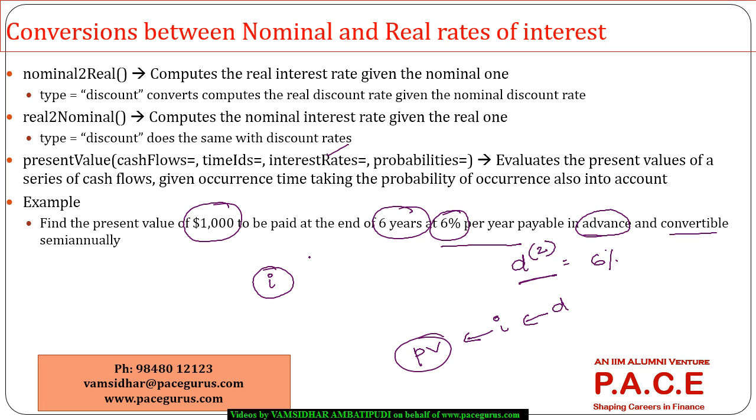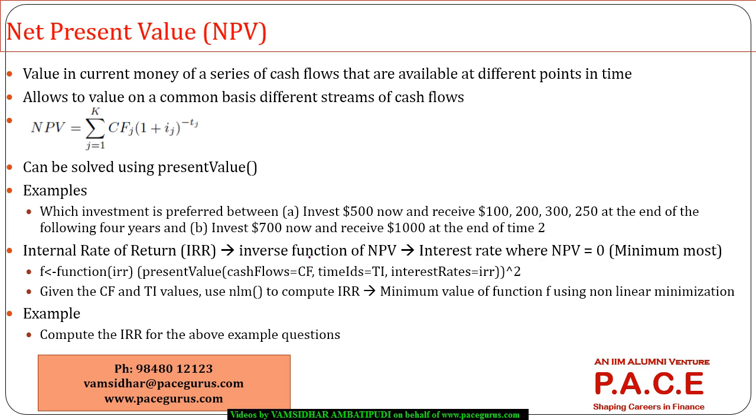Now, moving on to the next topic, where we are looking at net present value. Right? We have found out the present value. Now we are talking about net present value, which means generally when we have a few outflows, right?